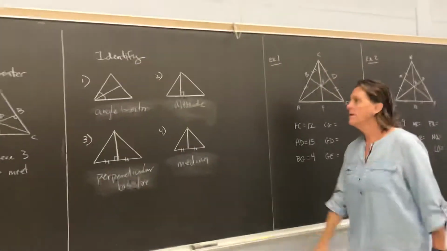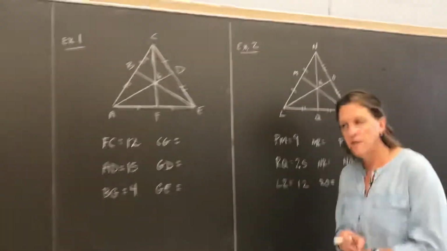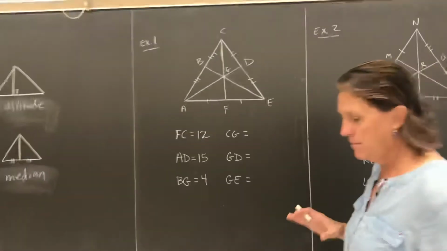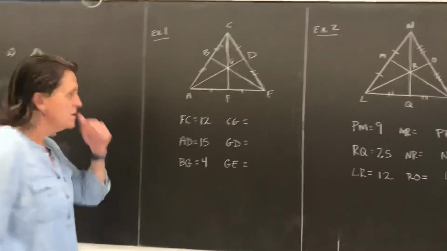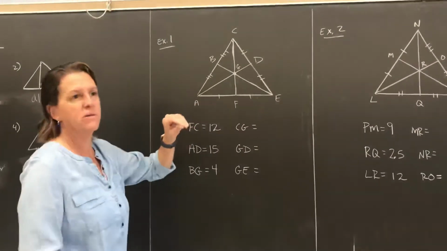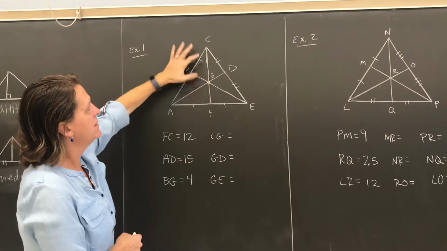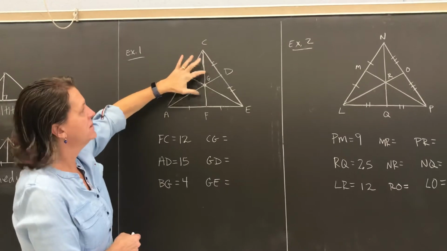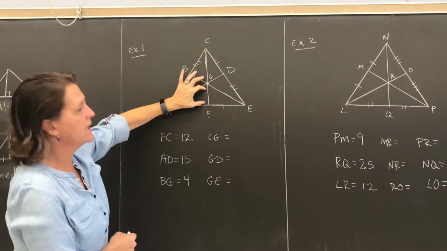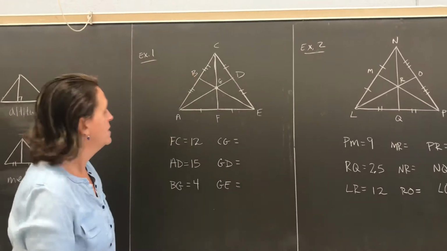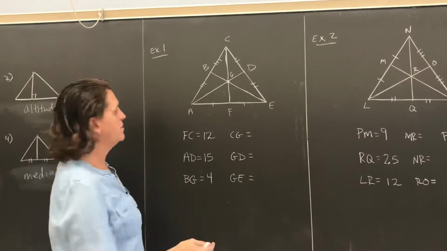Okay? All right, so you're going to have a worksheet that you're going to have to figure out the math involved. So let's kind of walk through this. You'll hear me say long and short. So if we just look at CF, if it comes from the angle, that's the long one, and then the other one's the short one. Okay? So let me walk you through this.